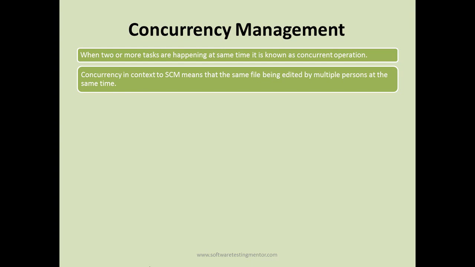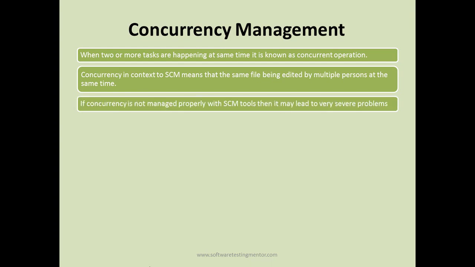So that file is being concurrently changed by multiple persons at the same time. If concurrency is not handled properly by the software configuration management tool, that may lead to very severe problems.